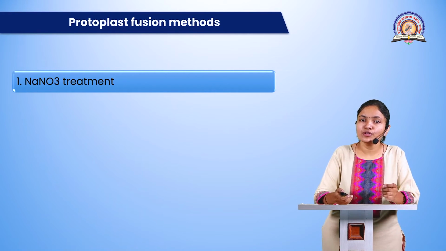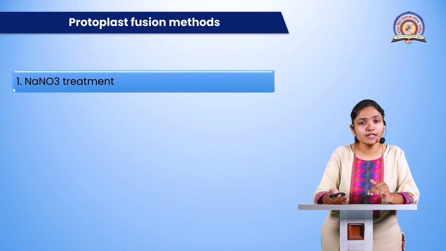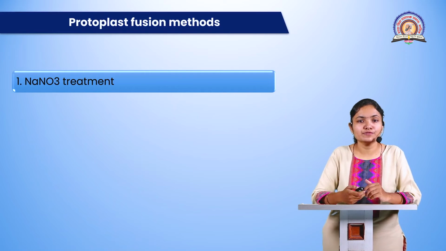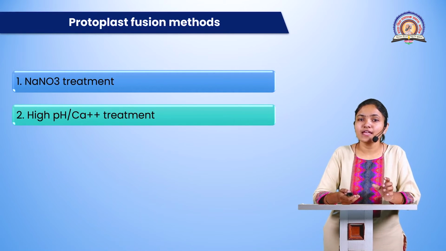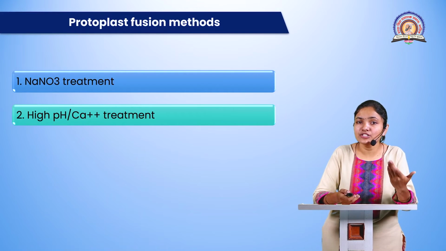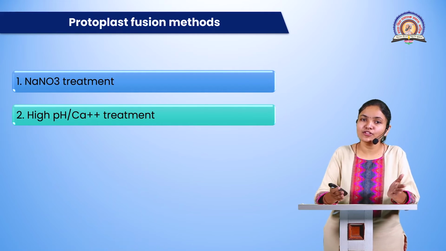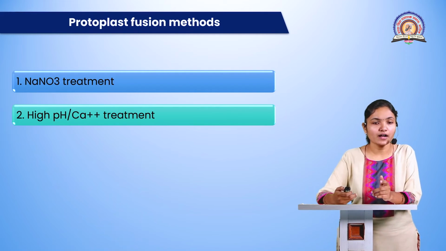Although the role of both of these ions individually is not well understood, they are supposed to help here for the fusion of two different protoplasts. But they will not give you a higher yield of heterokaryon. Means if you use sodium nitrate, there are chances that again the homokaryon formation would occur.